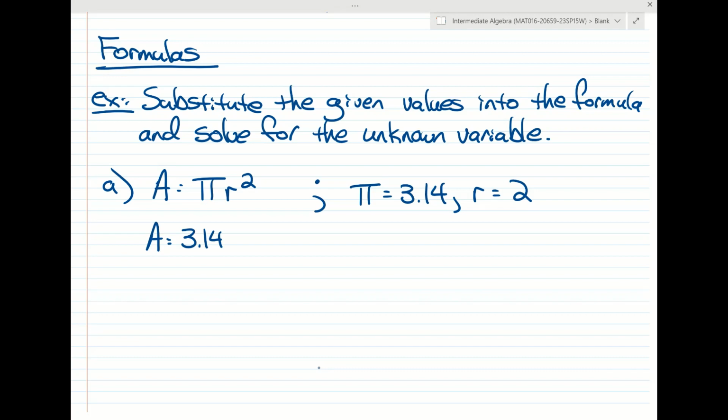Simple, 3.14 times 2 to the second. I'm just going to type that into my calculator. 4 times 3.14 is 12.56. Pretty easy.